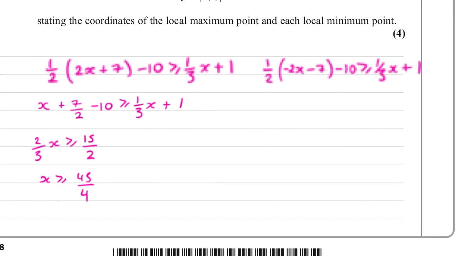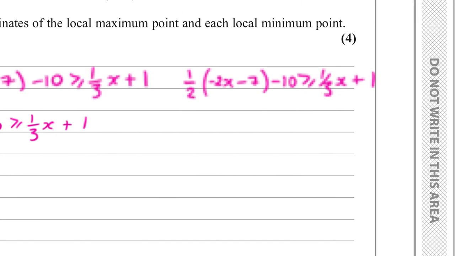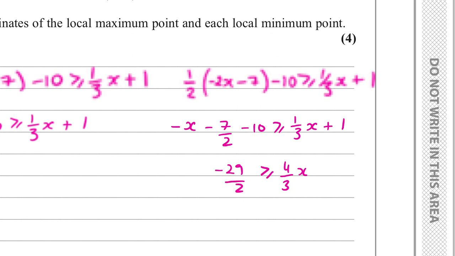Okay, now the next side. I'm going to have minus x minus 7 over 2 minus 10 is greater than a third x plus 1. So I'm now going to have 4 over 3x, if I add x to both sides, is less than or equal to minus 10 minus 7 over 2, and then I'm going to minus 1 and get minus 29 over 2.